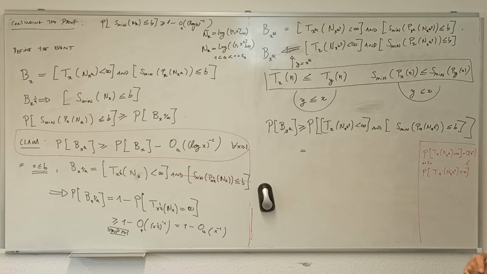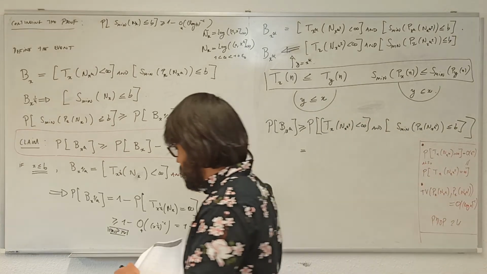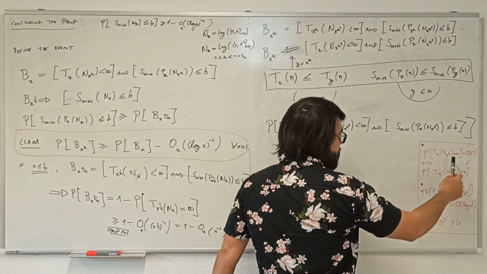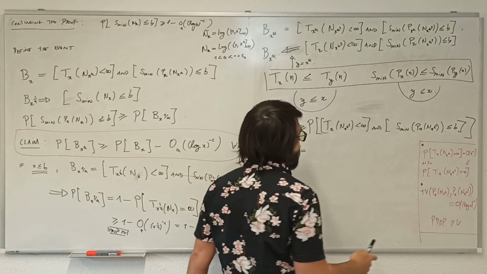That is also O of x to the minus c. And item 2 was that the total variation of the first passage of nx to the alpha and the first passage of nx to the alpha squared is O of log of x to the minus c. Okay, so that was proposition 24, just so you can always take a look at it. So I have to please add also this condition, and it's not only for x to the alpha here, but also x to the alpha squared.